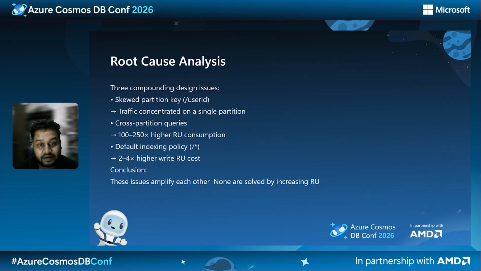Third, the default indexing policy was indexing all fields, which increased write cost by 2 to 4 times. These issues don't exist independently, they amplify each other. And most importantly, none of them are solved by simply increasing RU. So this is a design problem, not a capacity problem.